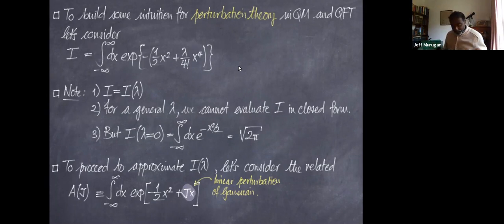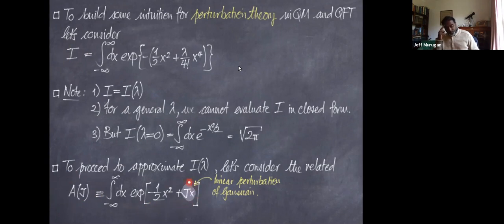Okay. So then I said last time that instead of considering this I, I'm going to consider another integral, which is also a perturbation away from the Gaussian integral. Instead of e to the minus half x squared, I'm going to consider e to the minus half x squared plus some linear perturbation. So I add some term that's linear in x to this problem.